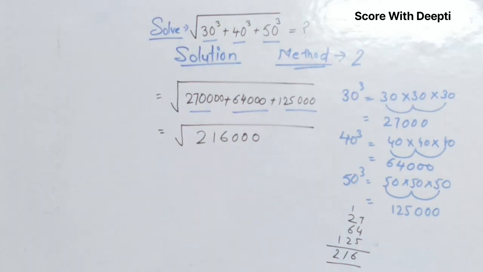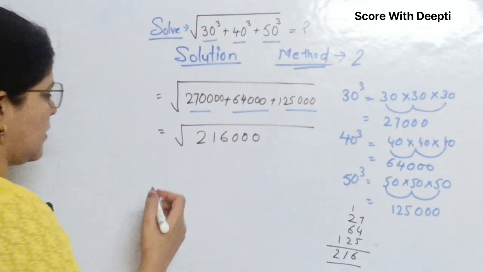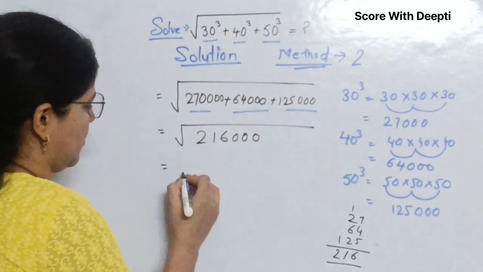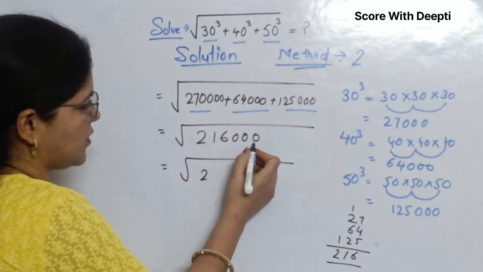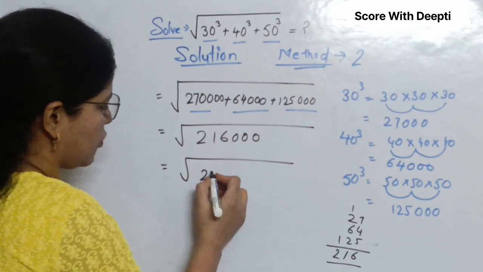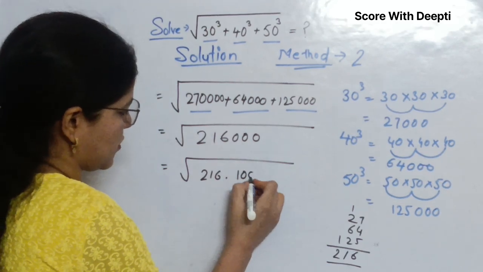Now you see that this method is very easy and simple as compared to the first method. Next, 216 with 3 zeros can be written as 216 multiply 1000.